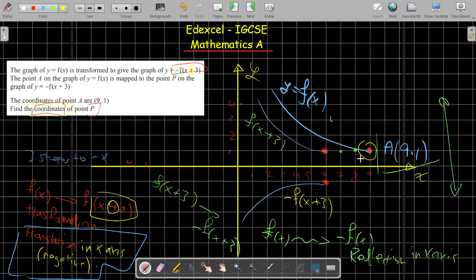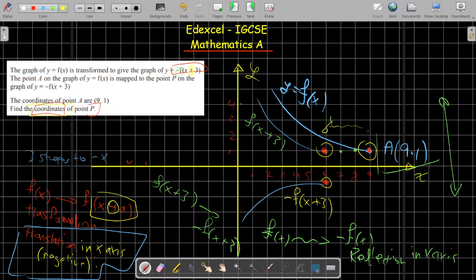The point (9, 1) came here in the first translation, and then it becomes here in the reflection along the x-axis. So when the 9 moved in this direction, it means that the coordinate of this one is going to be what? Moving 3 steps. It means that the y-coordinate is the same. The only change is happening in the x-coordinate.